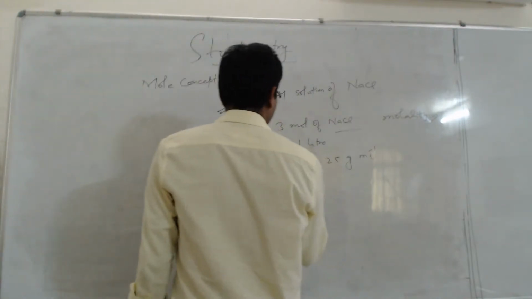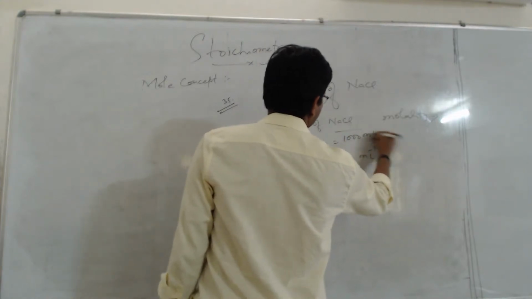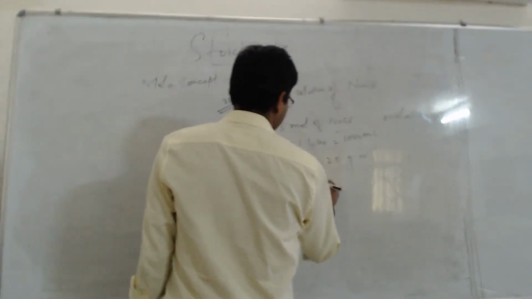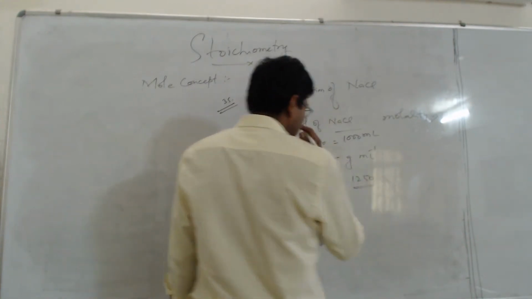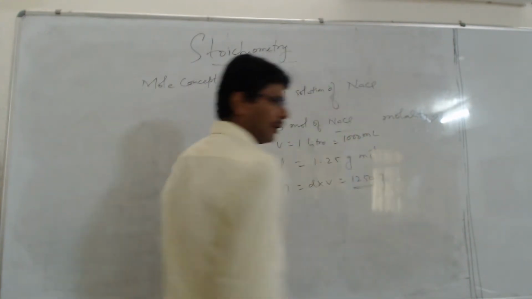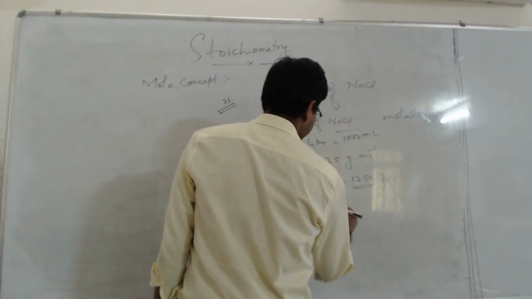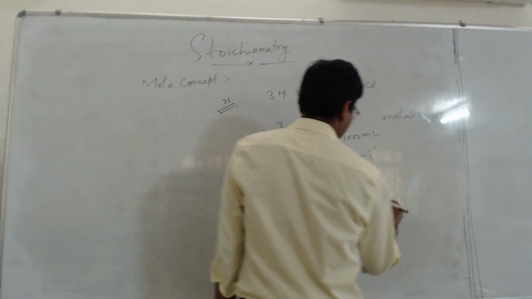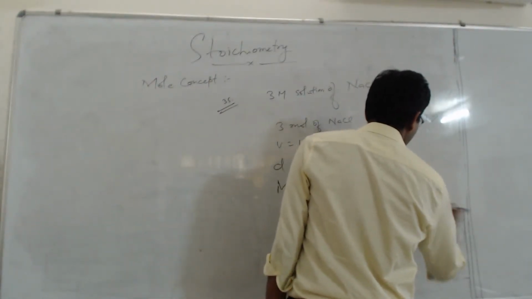Volume is 1000 ml. So mass is equal to density into volume. So mass of the solution is 1250 grams. So mass of solvent equals 1250 minus 3 into 58.5. This is the mass of solute.